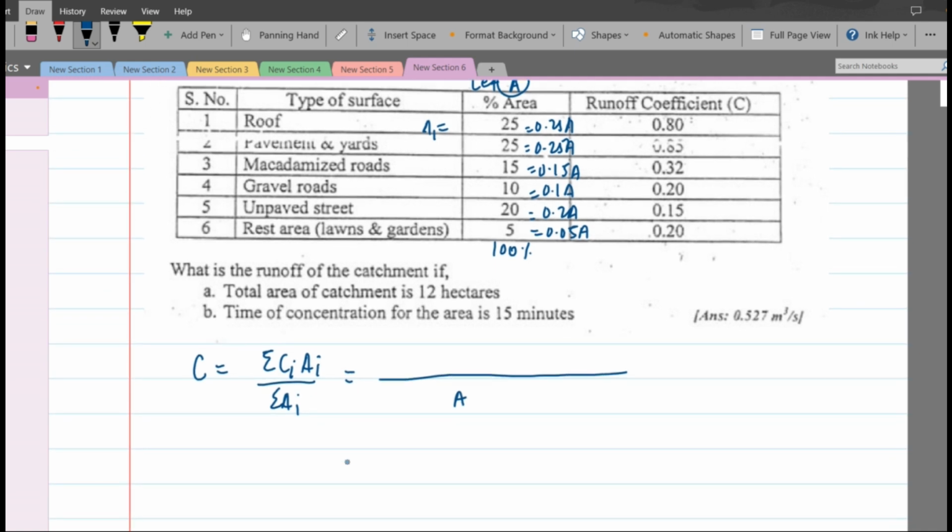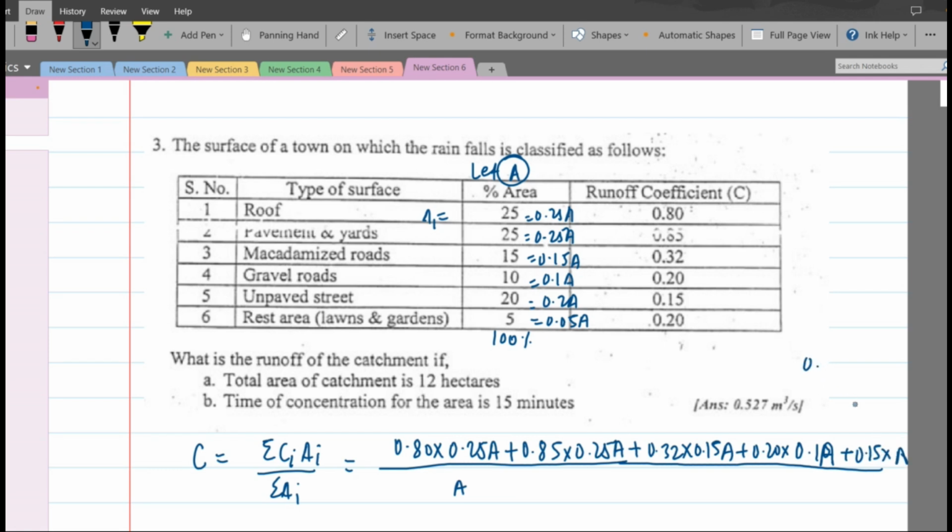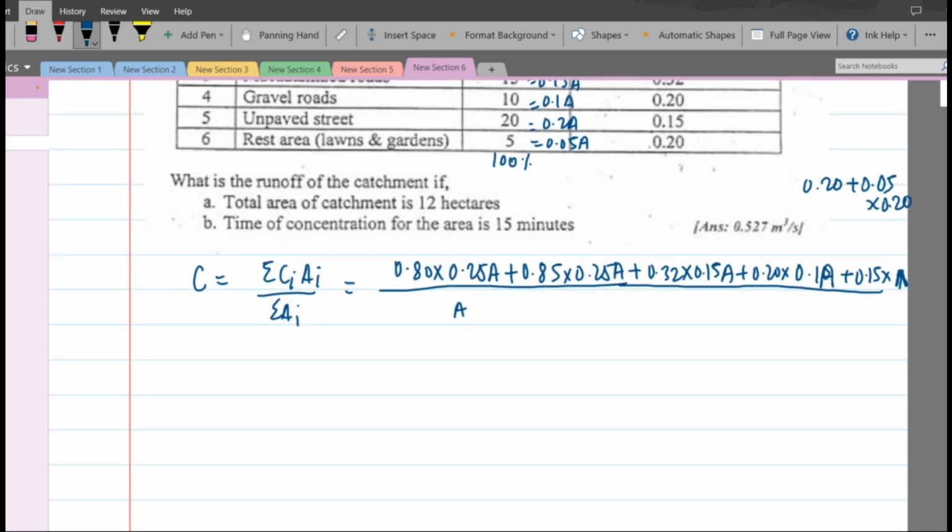So let's calculate this. 0.80 into the respective area, 0.25 A, plus 0.85 into 0.25 A, plus 0.32 into 0.15 A, plus 0.20 into 0.1 A, plus 0.15 into 0.20, plus 0.05 into 0.20.